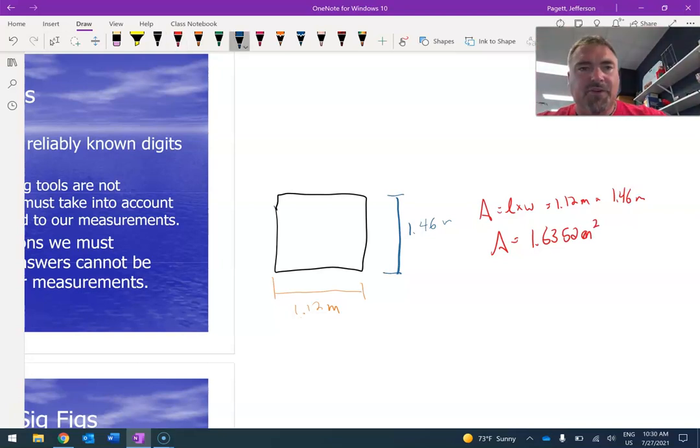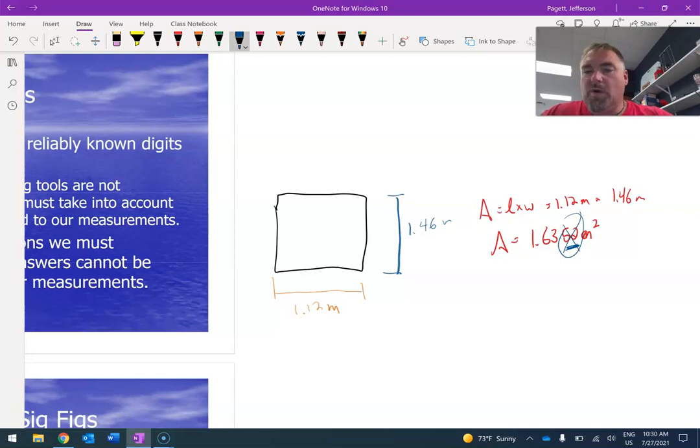Now, the digits on the end of this imply that we know this down to the 10th of a millimeter, or the 10,000th of a meter. But because our measurements weren't that accurate, these last digits are basically meaningless.